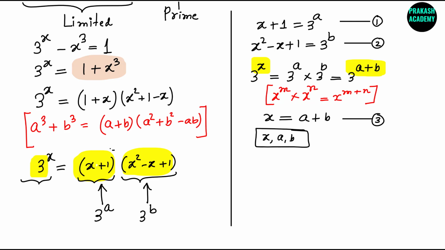So let us consider the second equation, that is x square minus x plus 1 is equal to 3 raised to the power b. I can convert this in terms of x plus 1. So I will write x square minus x, and then I will add 2x and subtract 2x, and then plus 1, is equal to 3 raised to the power b.